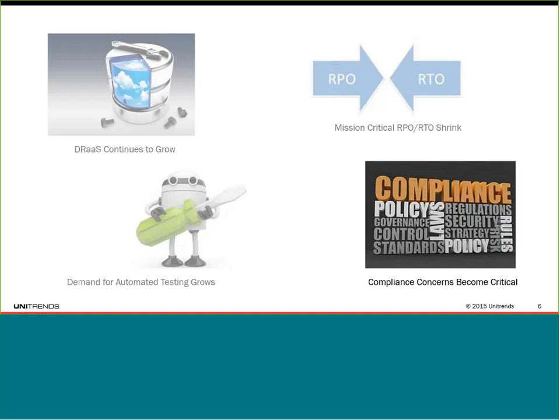So in 2016, DR and assurance of recovery, that automated testing, that certification, that auditing of that test and validation of the test, and that you can spin up and get this application back at the service level agreement that your compliance requires will be dominant. And that will really drive what is DRaaS and the automated testing and certification of those devices.